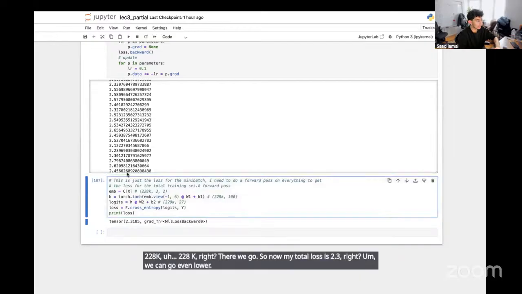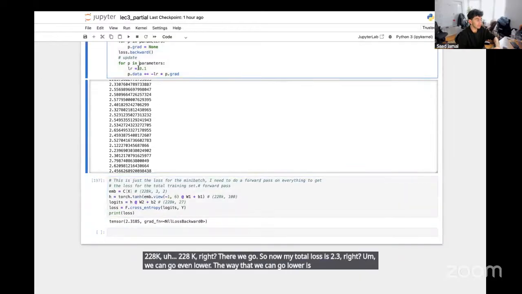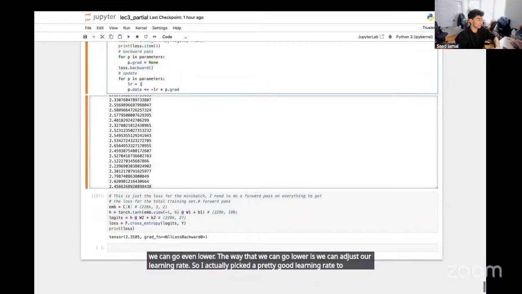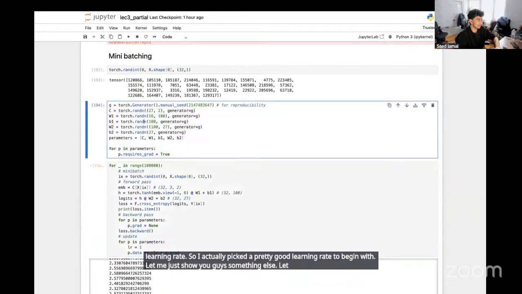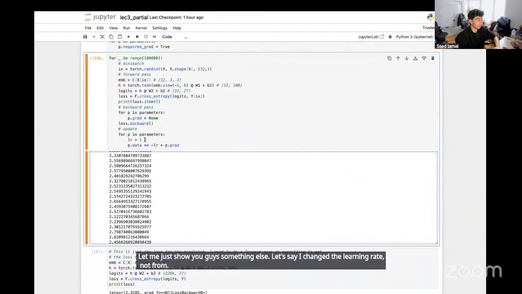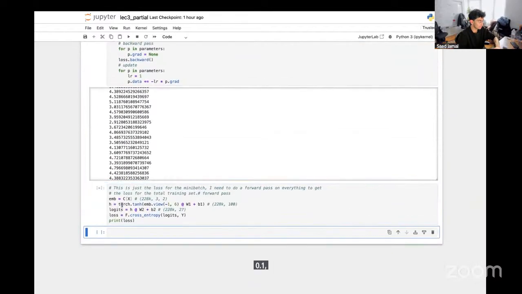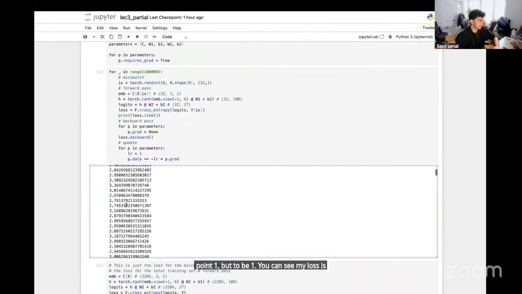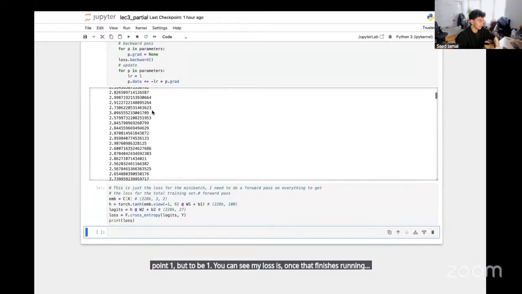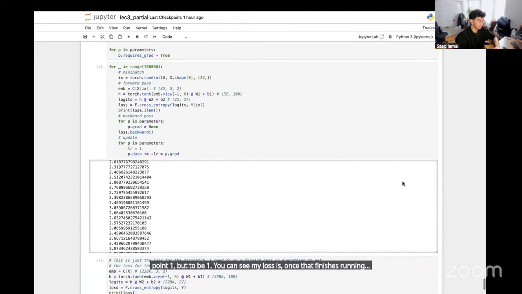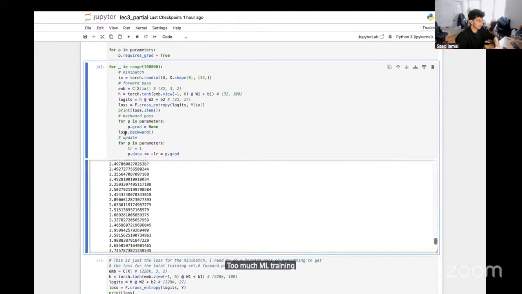The way that we can go lower is we can adjust our learning rate. So I actually picked a pretty good learning rate to begin with. Let me just show you guys something else. Let's say I change the learning rate not from 0.1, but to be 1. You can see my loss is, once that finishes running, too much ML training on my GPU, almost done.